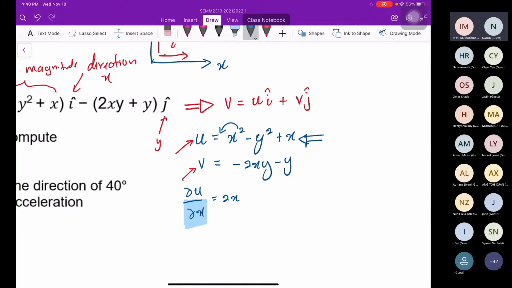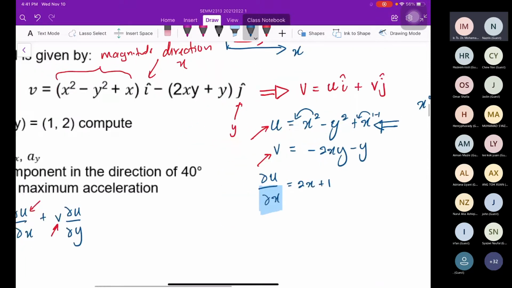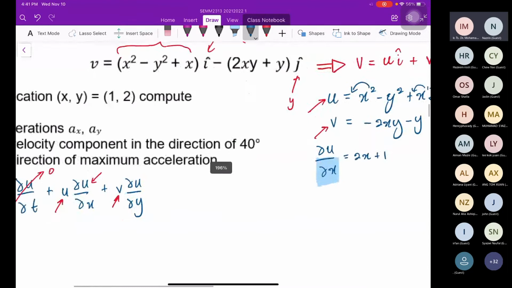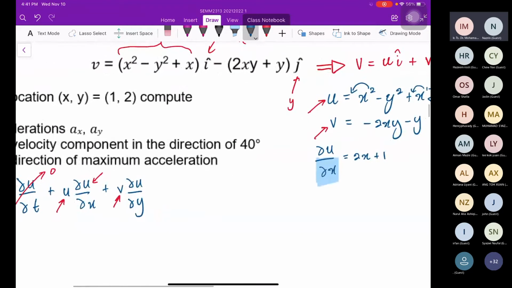Differentiation of y squared is 0, nothing. Differentiating x, the power of 1 goes here, 1 minus 1 is 0, so x to the power of 0 equals 1. This is basic. Good.